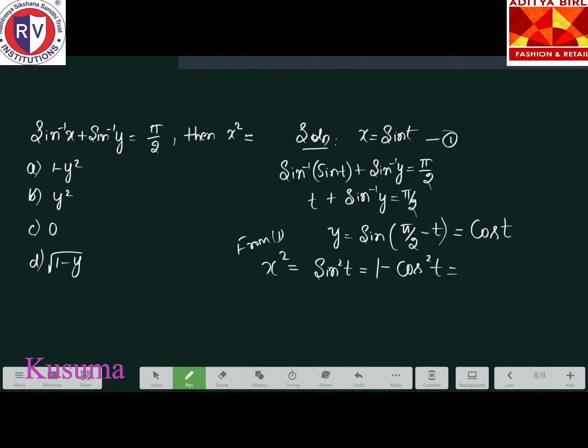Y, right? So 1 minus y square, because cos t is y. So sine square t is 1 minus cos square t. In the place of cos t, I'm putting y. So x square is nothing but 1 minus y square. So this is your option A.